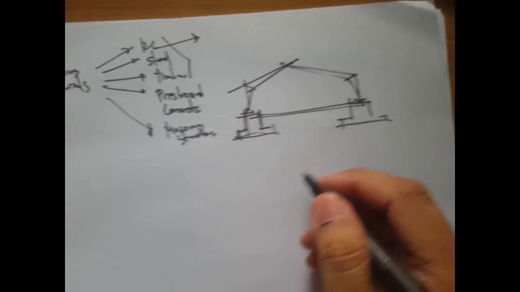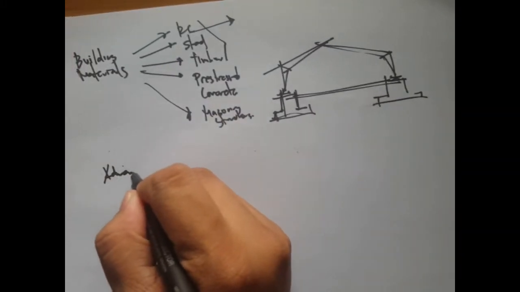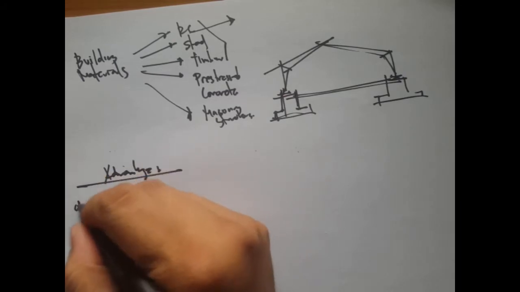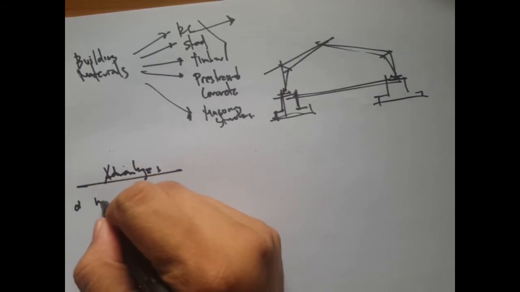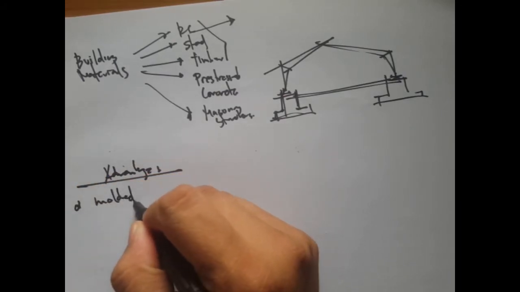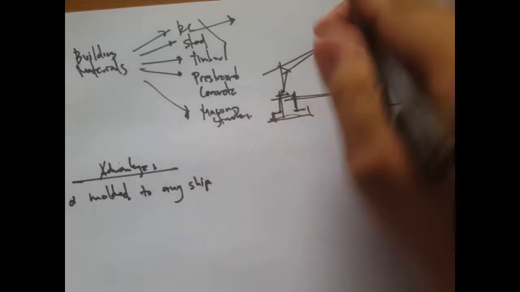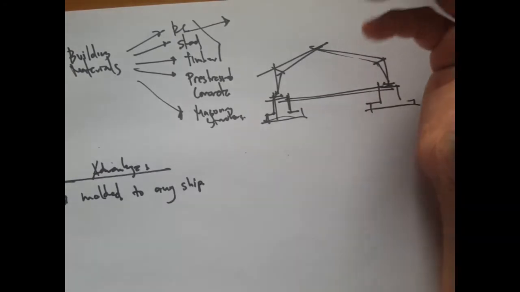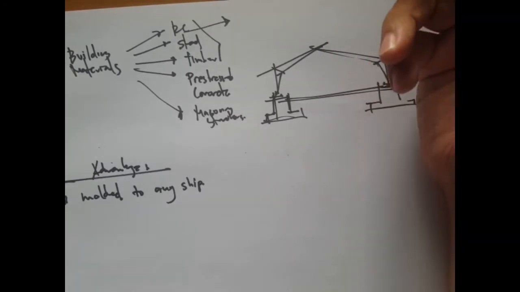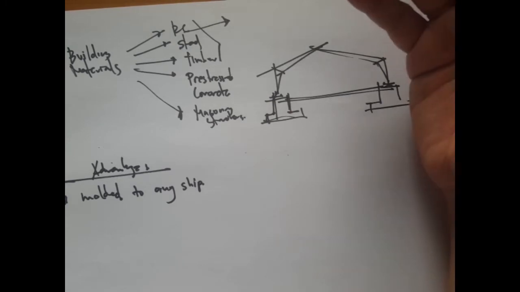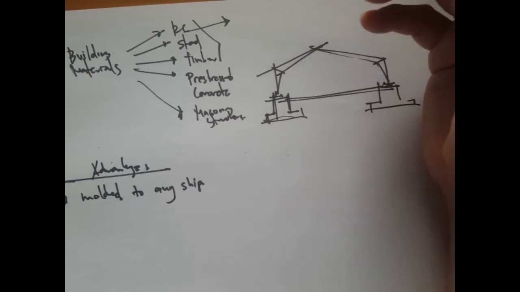If we can list down the advantages, one is it can be molded to any shape. Since the construction of this is actually mixed and in a wet condition, it's just molded. You design your forms to whatever shapes, pour that concrete mix, and let it dry.